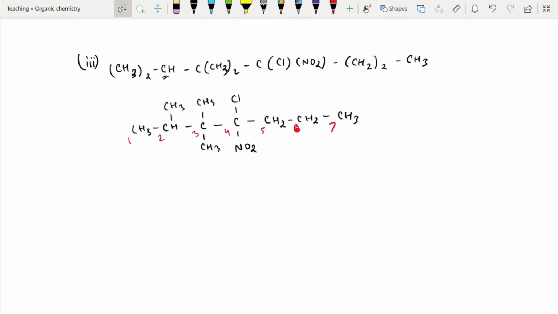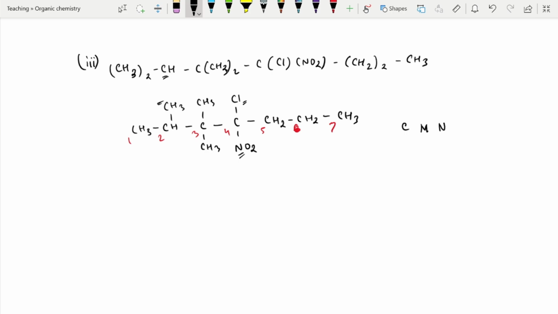We have to name the branches in alphabetic order. This is a chlorine, so it starts with C. This is a nitro, so it starts with N, and this is a methyl group, which starts with M, right?